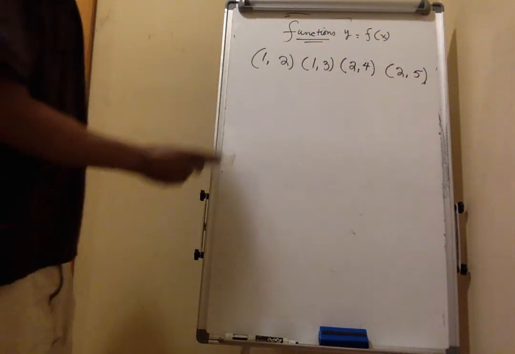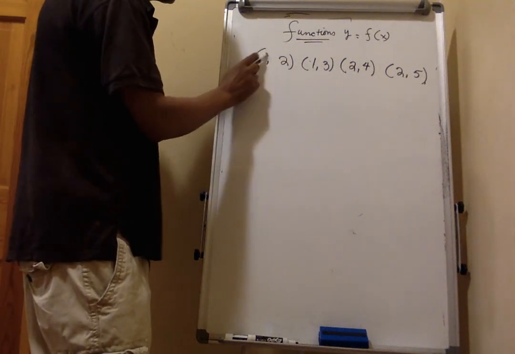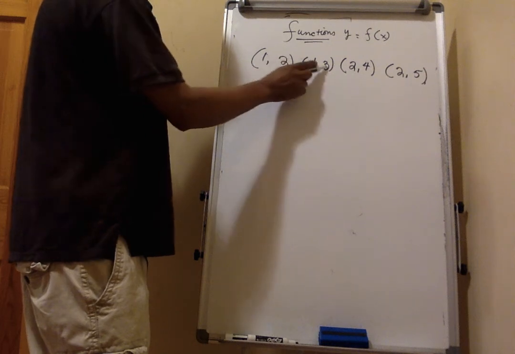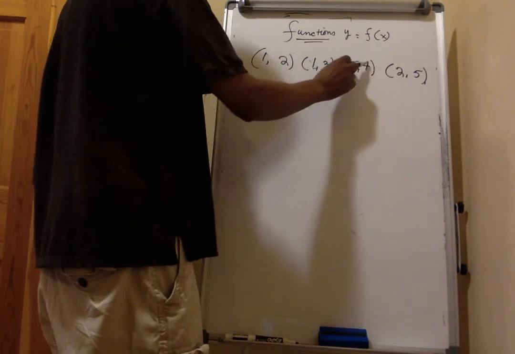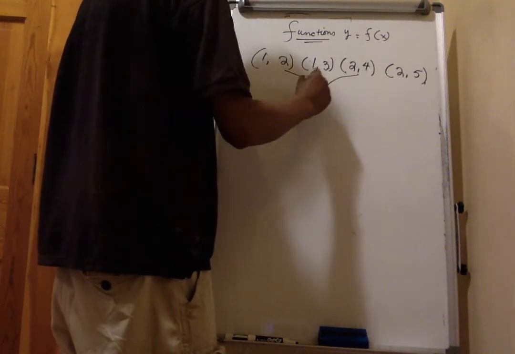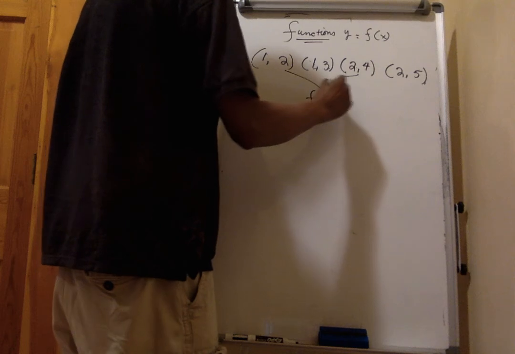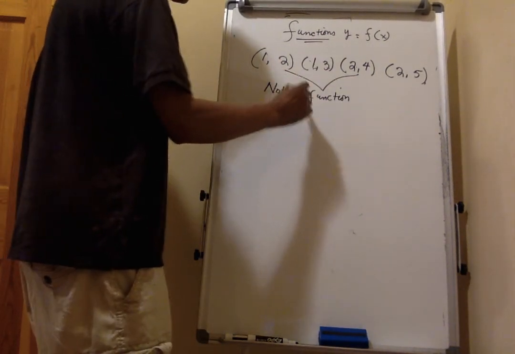Why? Because we have the same value of x giving us two different values of y. When that happens, this is not a function.